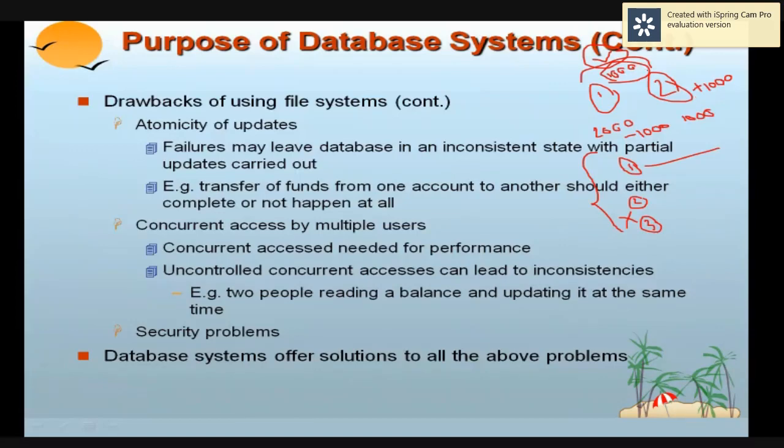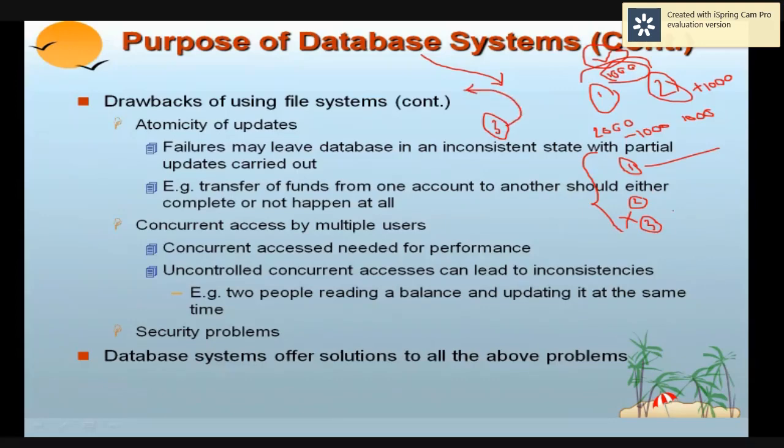So usually you find this kind of atomicity of updates issue in file system, whereas you can overcome this issue using database system. For example, if you're speaking about database system in the same case, if my third step has failed in database system, what happens is it bounces back, it rolls back to its initial state.